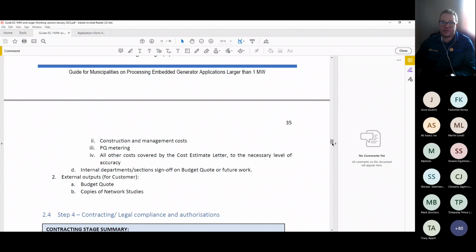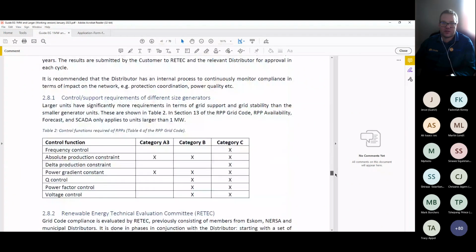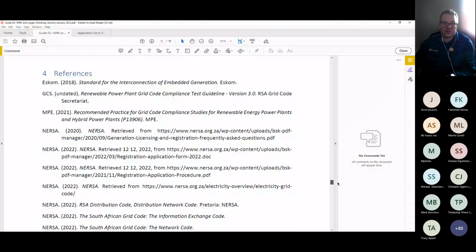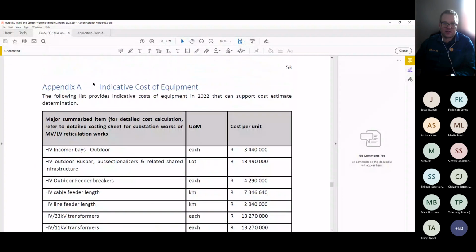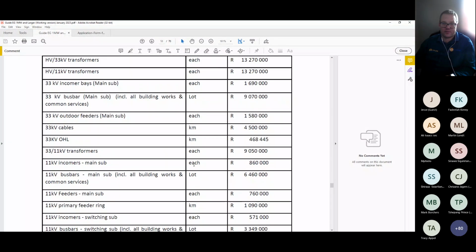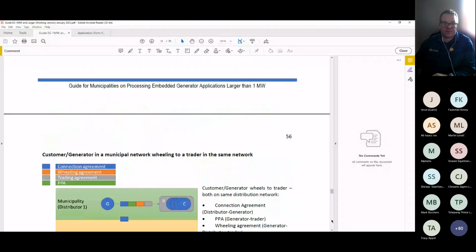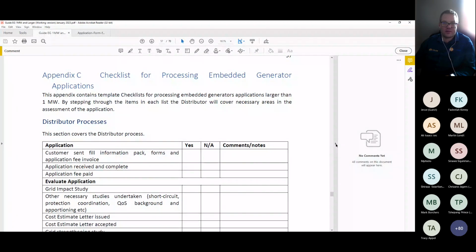Let me, in the document, someone go to the checklist. See, there's the indicative costs for 2022. And there's our checklist.